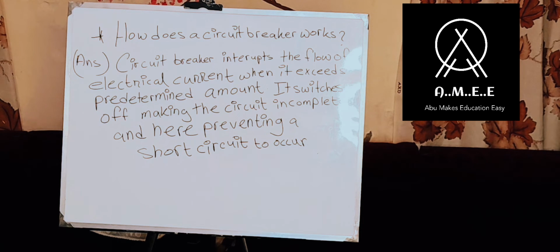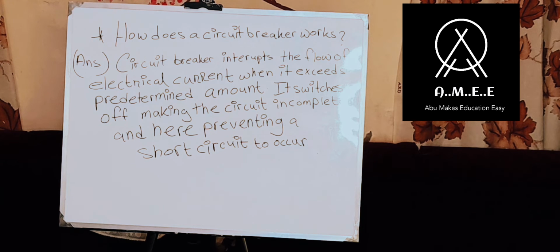Before, 5 ampere of current was traveling through the circuit, so the circuit breaker was on. But suddenly, due to some reason, there is 7 ampere of current passing through the circuit. So when the 7 ampere of current comes to the circuit breaker, it is going to turn off automatically.